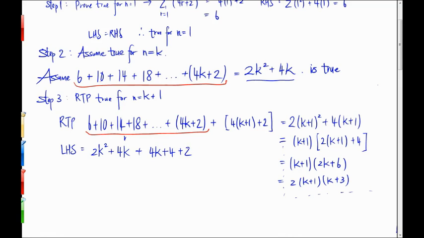So all this stuff goes out to that, which is going to be 2k squared plus 8k plus 6, which equals 2 times k squared plus 4k plus 3. And if you know how to factorize, I hope you do by now. If not, you shouldn't be watching this video. K plus 1, k plus 3.